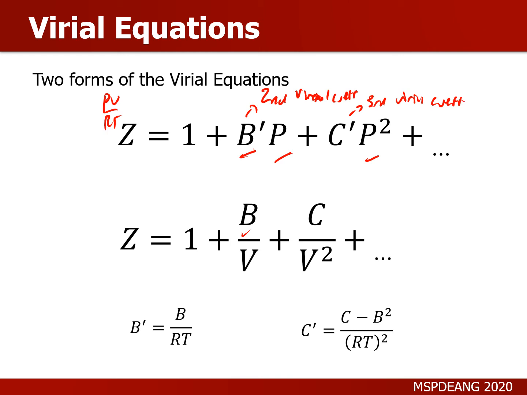Okay, and the first virial coefficient is not used kasi 1 lang naman siya. So using the Virial EOS, pag meron kang either B prime or C prime, you can use this first version. Or kung meron kang B and C, you can use this version.